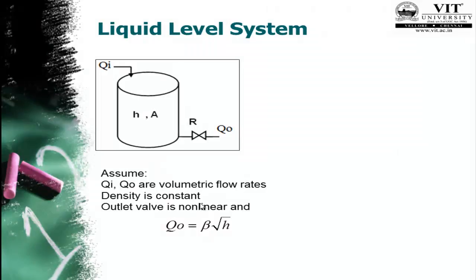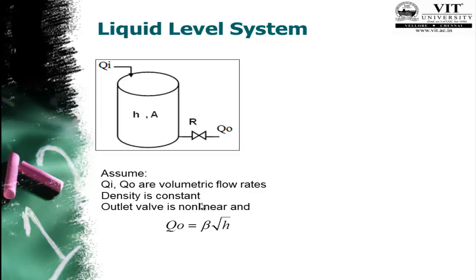Now let us take a liquid level example and see how to develop the nonlinear model, and then we'll see how to linearize this nonlinear process model around one operating point.